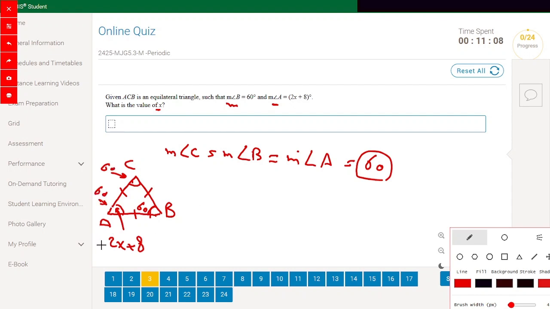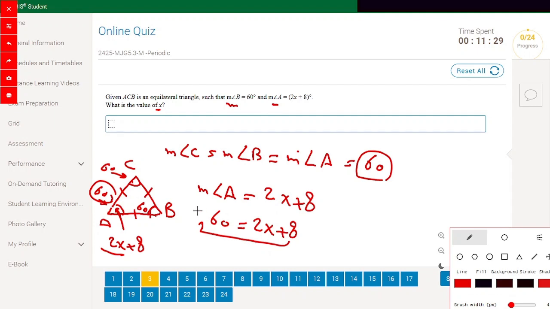Okay, so now to get x, measurement of angle A is 2x plus 8, and measurement of angle A is 60 degrees, so 60 will equal 2x plus 8. Now it's normal, 8 will go here to minus 8, so 60 minus 8 will be equal to 52, equal to 2x.